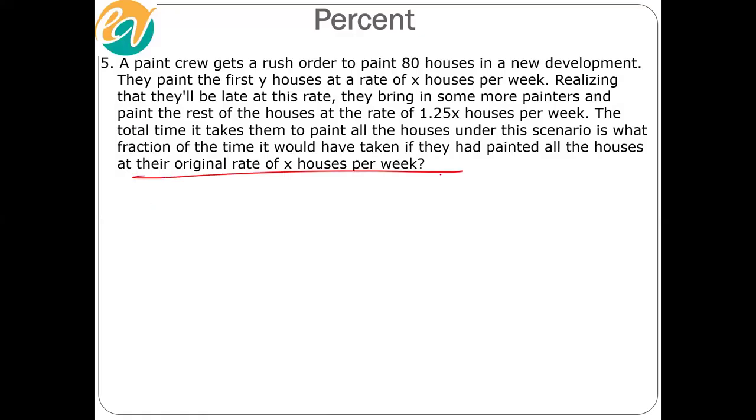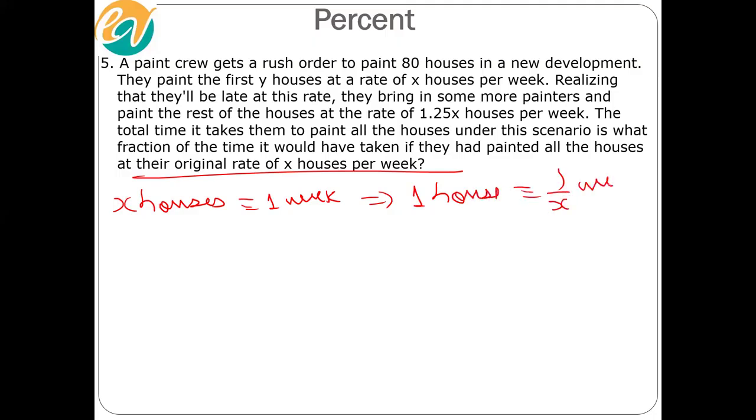Now, if they paint at their original rate of X houses per week, how much time would it take? Simple unitary method, right? X houses in 1 week, so one house will be painted in 1 by X weeks.